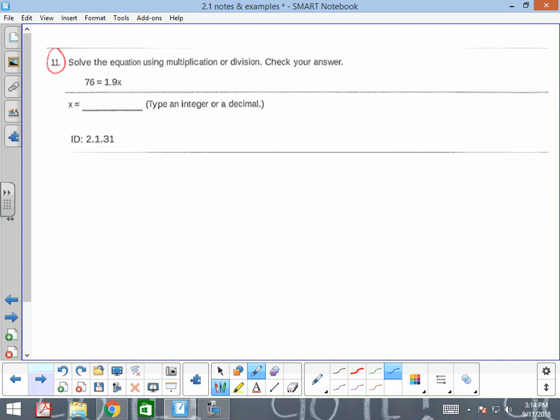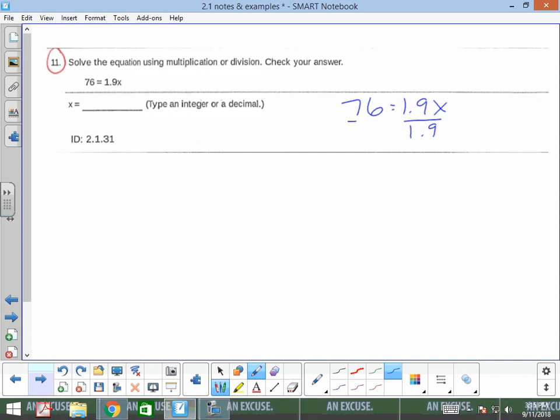All right, on number 11, we have 76 equals 1.9x. This is multiplication again, so I'm going to divide both sides by 1.9. Notice again it says to type a decimal. So we're going to put the number on top inside, the number on bottom outside. We need to here now move our decimal so we have a whole number on the outside.